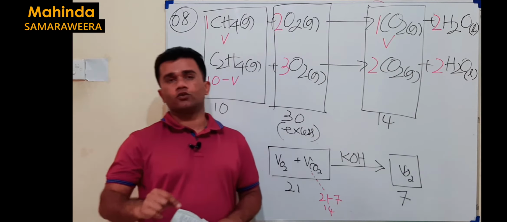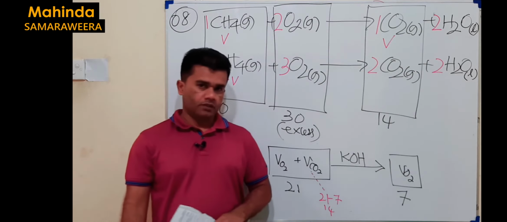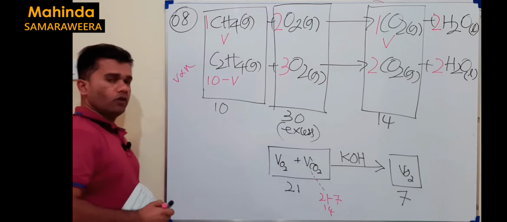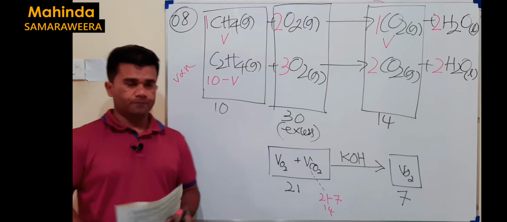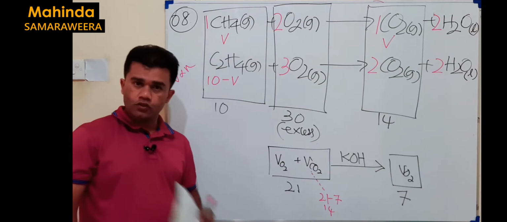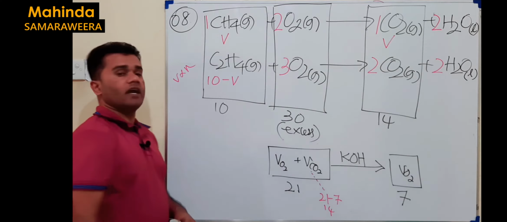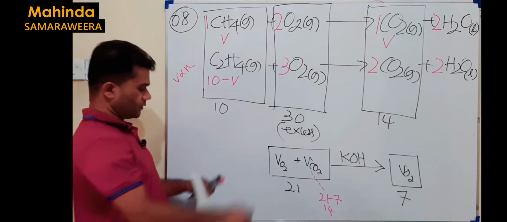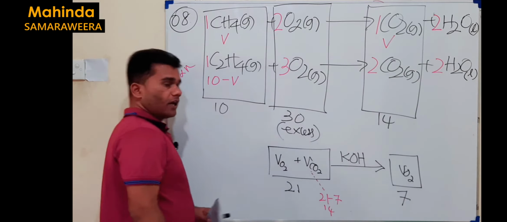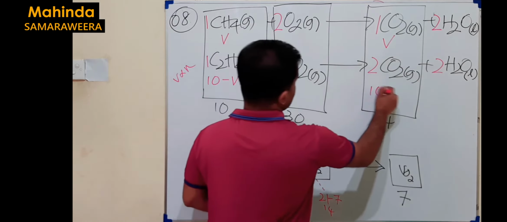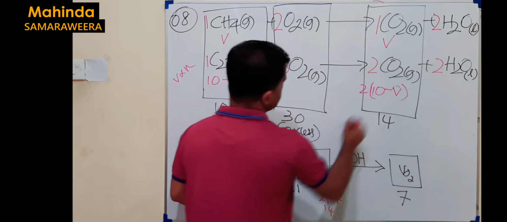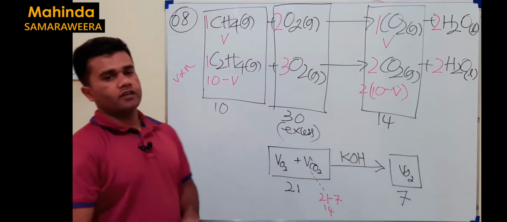This is according to Avogadro's law: volume is directly proportional to number of moles at the same temperature and pressure. That means the stoichiometric mole ratio can be considered as a volume ratio. Here 1 volume of ethylene gives 2 volumes of carbon dioxide, so 10 minus V should give 2 times 10 minus V. That's the volume of carbon dioxide formed.